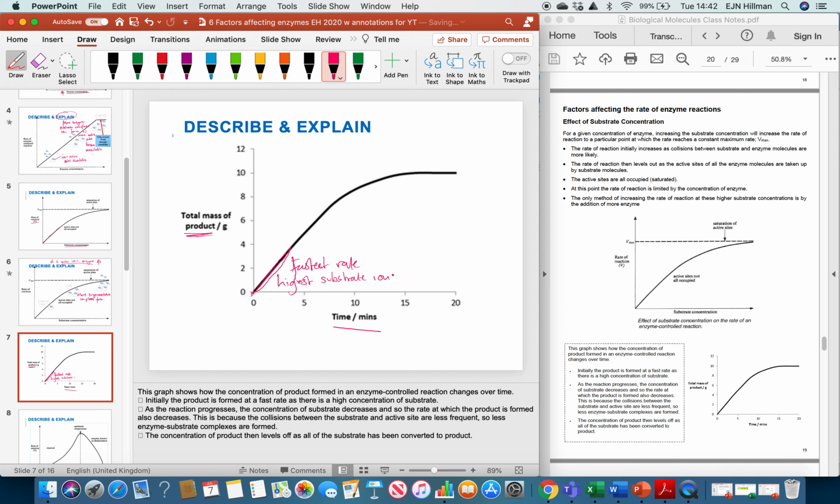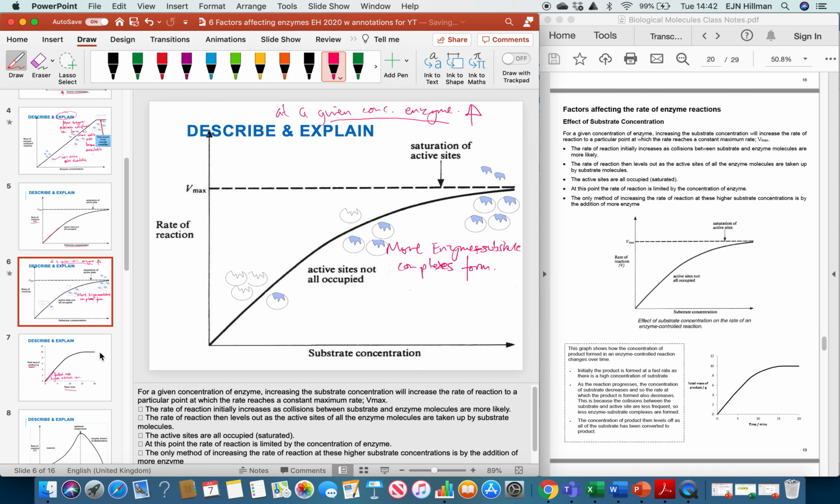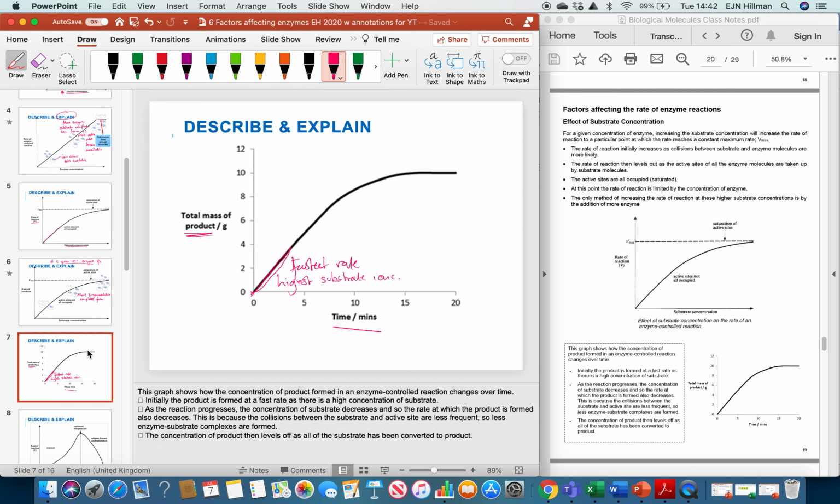Okay, if we think back to it, essentially we're looking at this part here. There's a really high substrate concentration, and therefore the rate of the reaction can be greatest. So in fact what this graph shows, the gradient shows that rate of reaction.